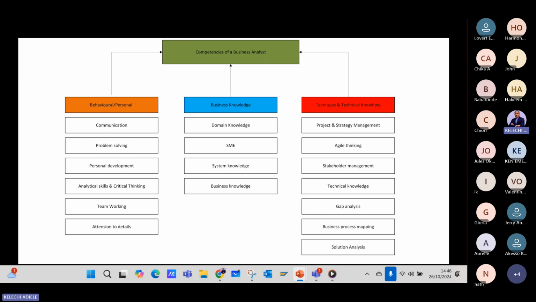So the problem is most of these technical guys are very good at their job, but some of them lack a lot of behavioral skills in implementing projects. And it's one of the issues we have also in the IT industry. So you see them, they are very good.